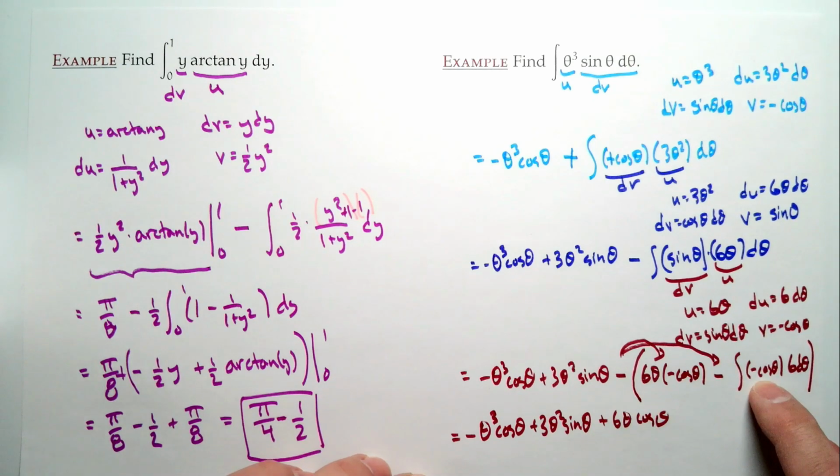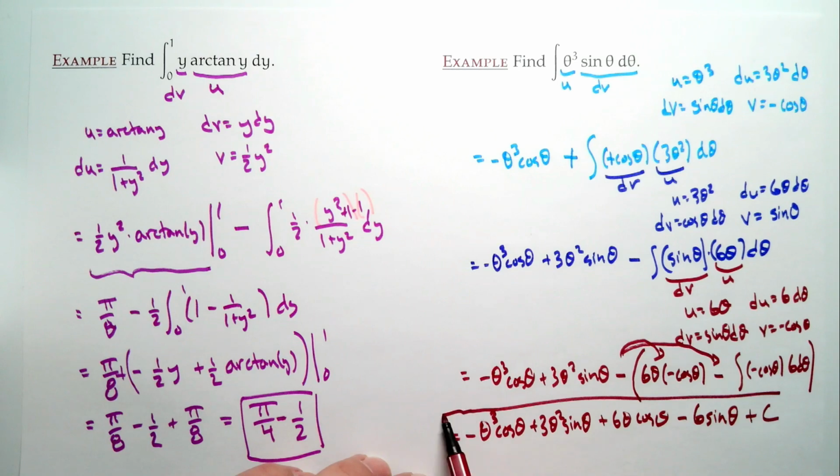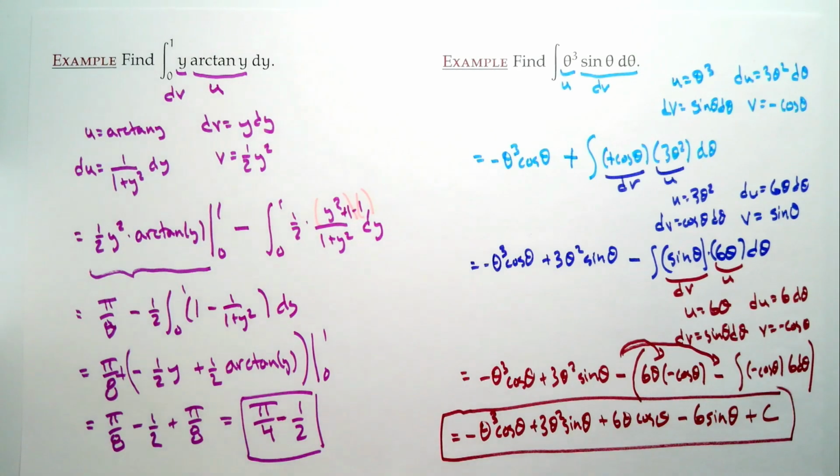So what's the integral of negative cosine theta? Negative sine theta. And then the 6 will just come along. So minus 6 sine theta plus c. That's it. That's not so bad. It's just be patient. Be patient. And it'll work out.